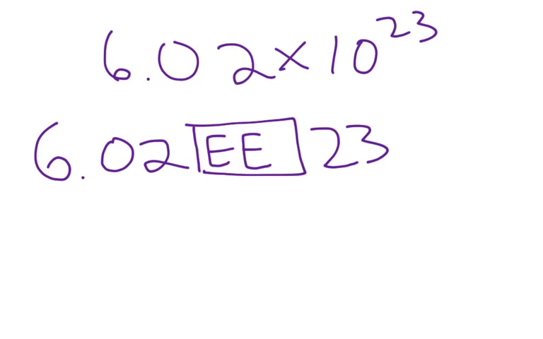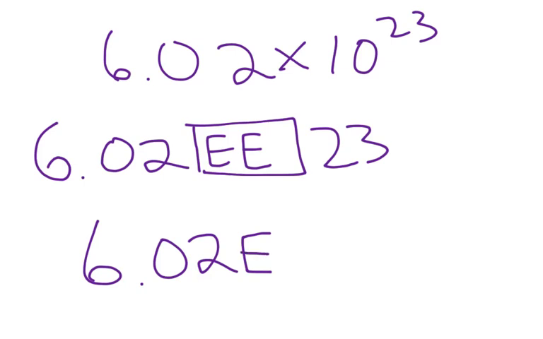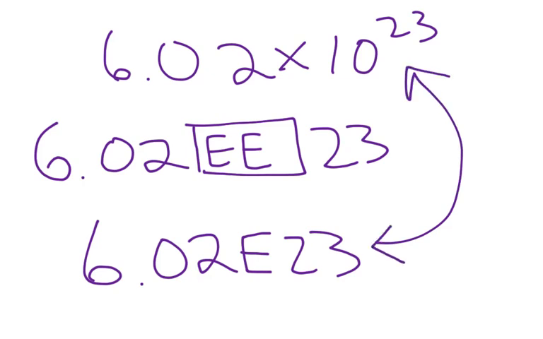The way it's going to show up on our calculator is 6.02, and even though the button has 2 capital E's, on the calculator screen it only shows 1, and then it will say 23. So again, these two numbers are exactly the same.